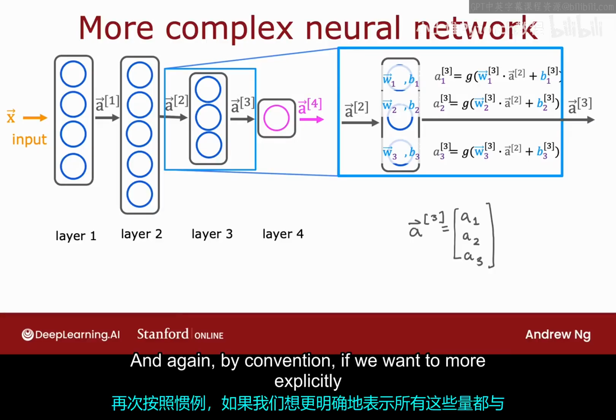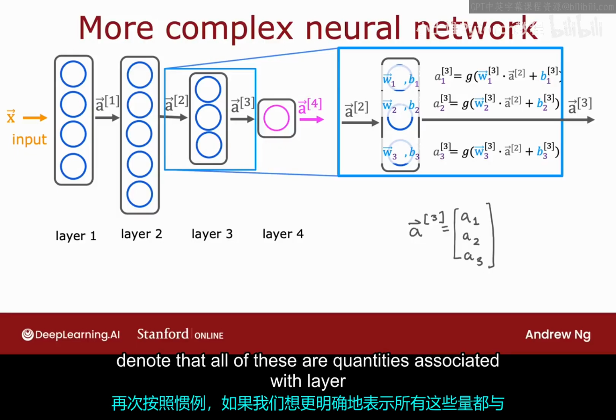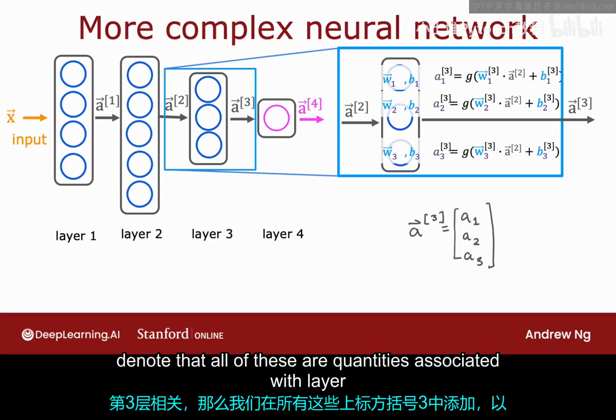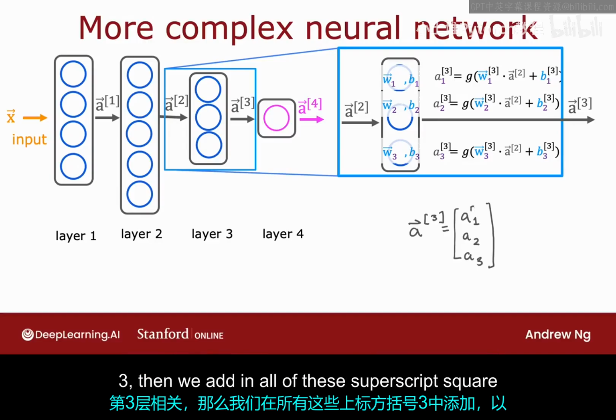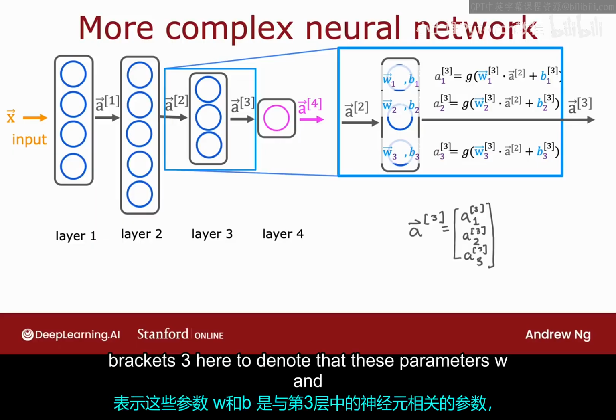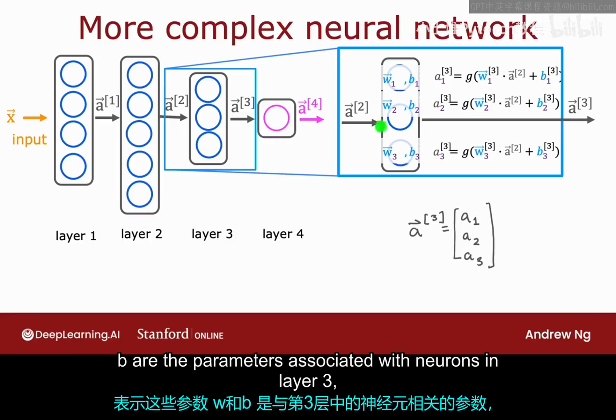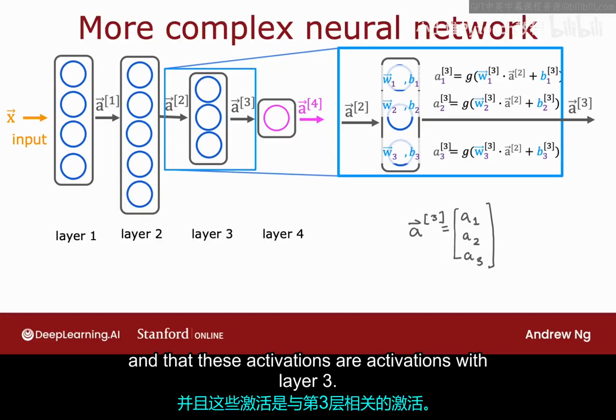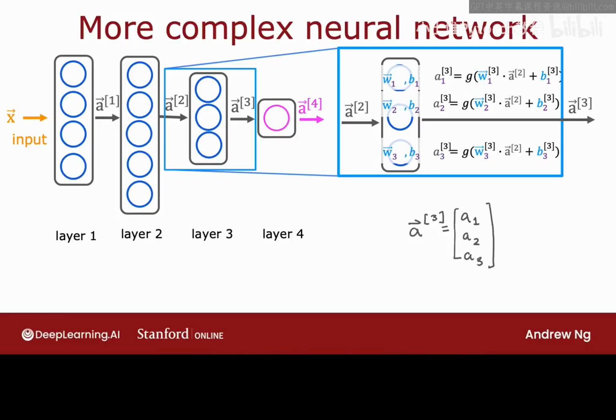And again, by convention, if we want to more explicitly denote that all of these are quantities associated with layer 3, then we add in all of these superscript square brackets 3 here to denote that these parameters w and b are the parameters associated with neurons in layer 3, and that these activations are activations of layer 3.